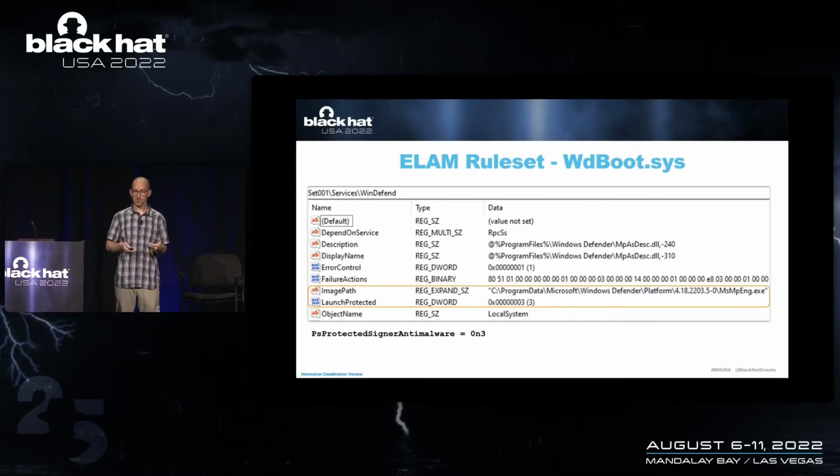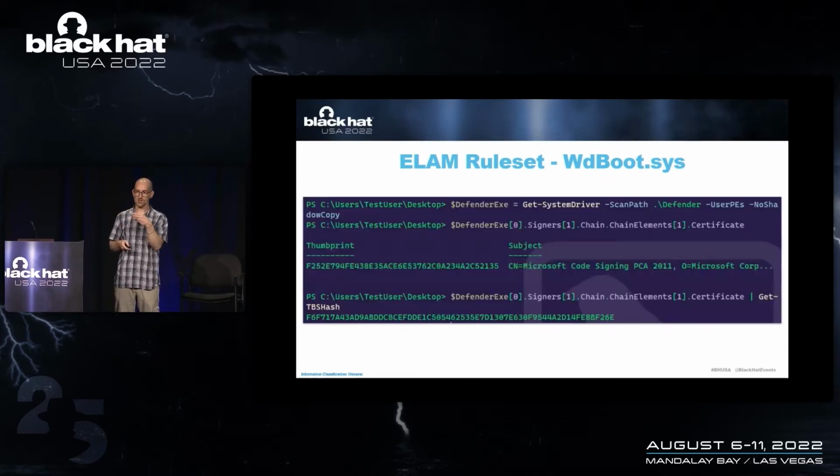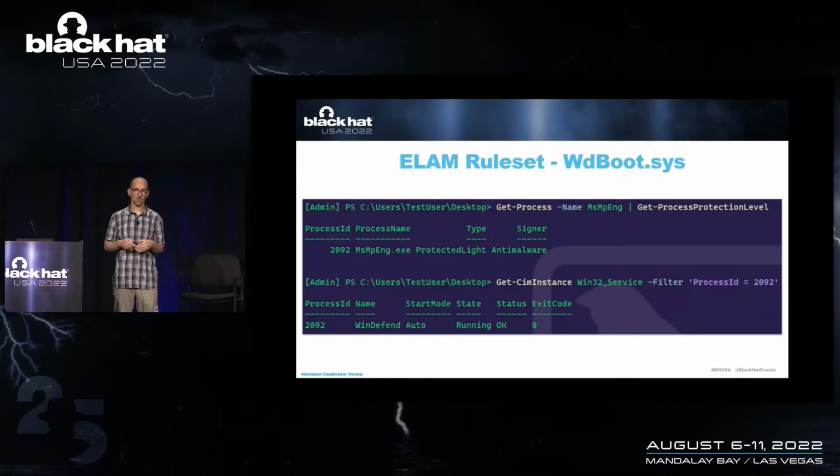So Windows, when the service manager goes to start this service, it sees that launch protected value. It says, okay, I need to start this up as an anti-malware-light service. So it goes back and it validates all the signatures, the certificate hashes. If it checks all those boxes, then it will indeed run at the anti-malware-light level and be afforded all of the anti-tampering protections given to you by ELAM and PPL.